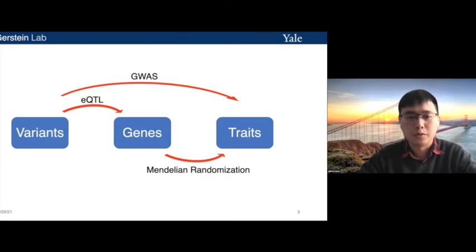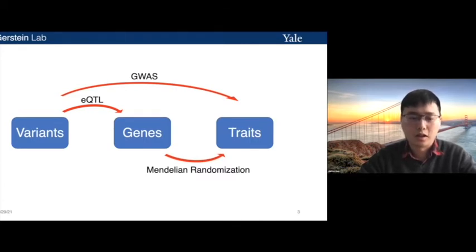For example, if we want to understand the association between variants and genes, we have the analysis called eQTL analysis. Also, if we want to connect the variants to traits, we have genome-wide association studies, or GWAS.